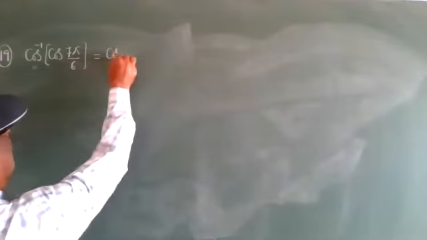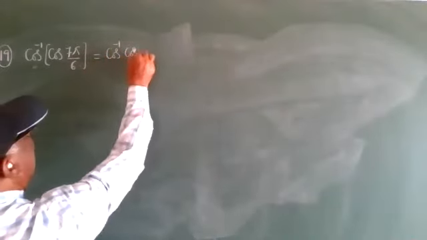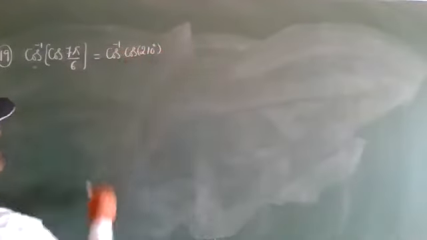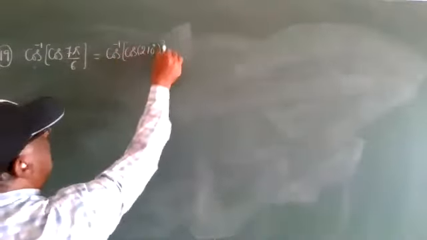Now everyone write down cos inverse of 7 pi by 6, that is 210 degrees.